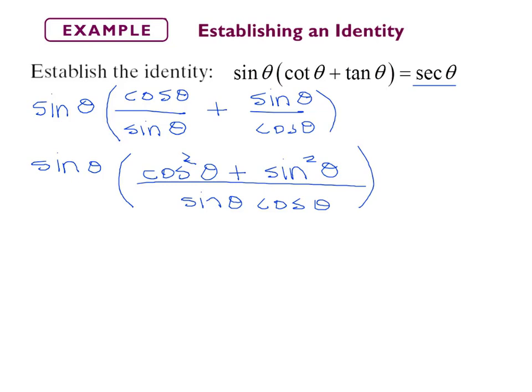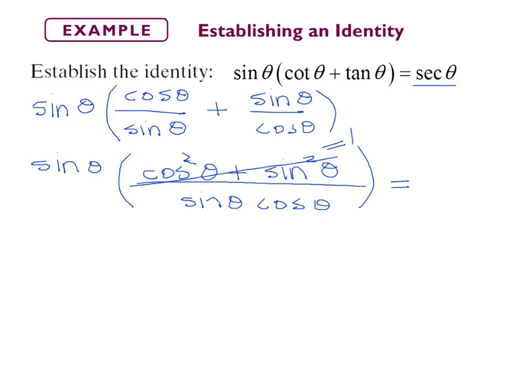Okay, good. Now what can I do here? Tell me something I can do. I want to simplify. Good. So I know that cosine squared theta plus sine squared theta equals 1.